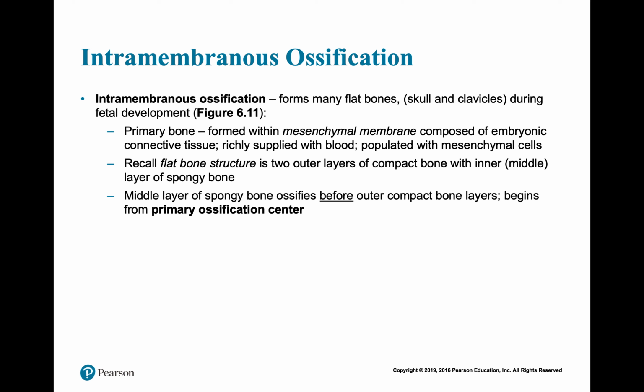The outer compact bone is like the bread, and the inner meat of the sandwich is the spongy bone that houses and protects all of the red bone marrow. Now that middle spongy layer will actually ossify first, and then the compact bone on the outside forms afterwards. So it's spongy bone first and then compact bone on the periphery.